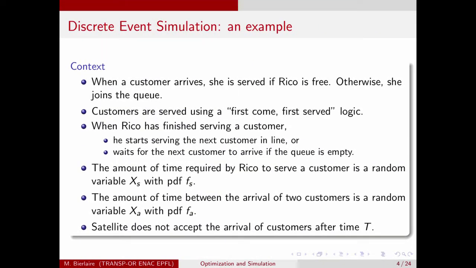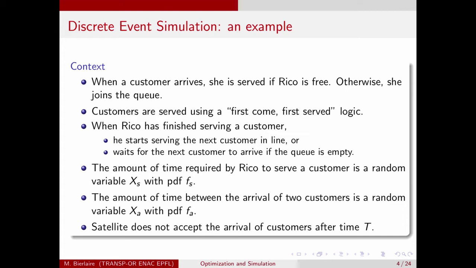Let's put things in context. Let's be precise about what we assume about the way the system is working. First, we assume that when a customer is arriving in the bar, she is served immediately by Rico if he is free. Otherwise, the customer must join the queue and wait in line. Then the customers are served using a first-come, first-served logic.